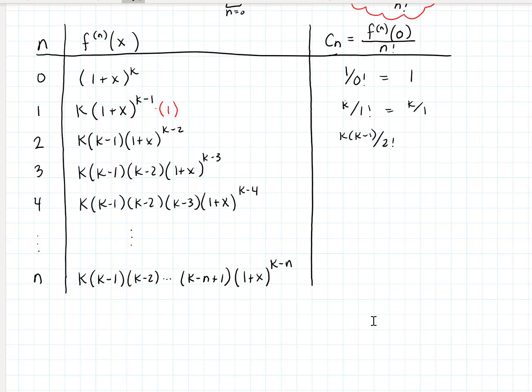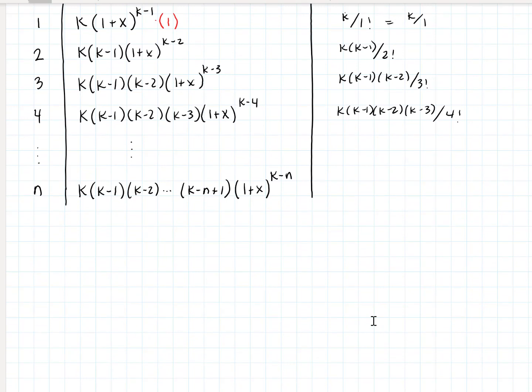We'll just leave them as factorials. By the third derivative, k times k minus 1 times k minus 2 divided by 3 factorial, and the fourth derivative, k times k minus 1 times k minus 2 times k minus 3 divided by 4 factorial, and for the nth coefficient, we're going to have this entire thing, k times k minus 1 times k minus 2 out to k minus n plus 1, and then we just have 1 to a power, so that's just 1 times 1, all over n factorial.